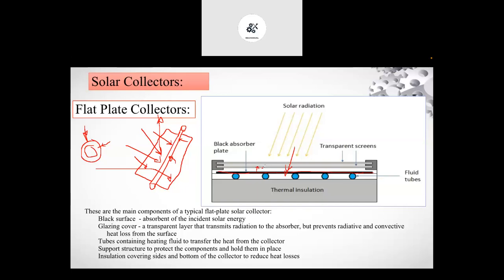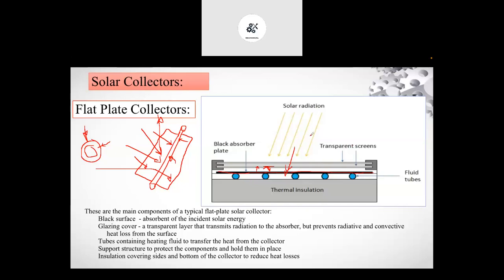That reflected radiation is again incident on the inner surface of the glass cover, and those reflected rays are reflected back onto the sheet of the tube. So this transparent screen will trap the radiation energy inside this box. That's why this transparent cover, particularly the glass cover, is used.